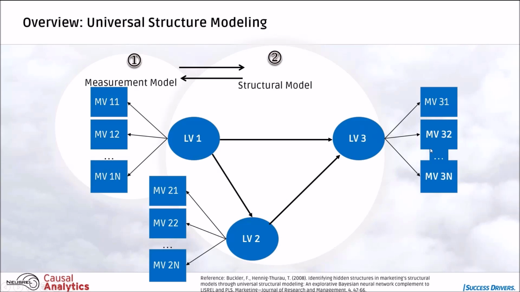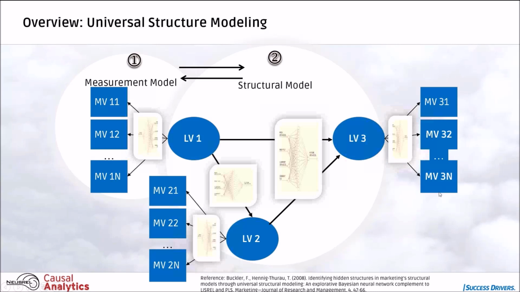Right? The first estimate is purely done by principal component analysis, but the second estimate will retrieve information from the other measurement models to estimate the measurement model 3 here.